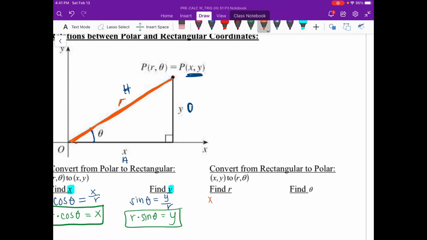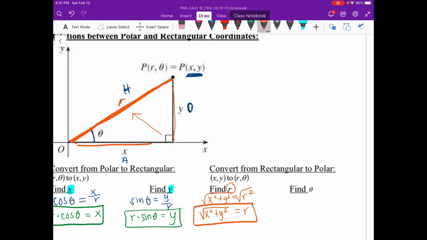So if this was my missing variable, I would say that x squared plus y squared, this squared plus this squared, would equal r squared, my longest side across, my hypotenuse. And if I'm solving for r, that means I have to take the square root of both sides. So r is really the square root of x squared plus y squared. That's how I solve for r.